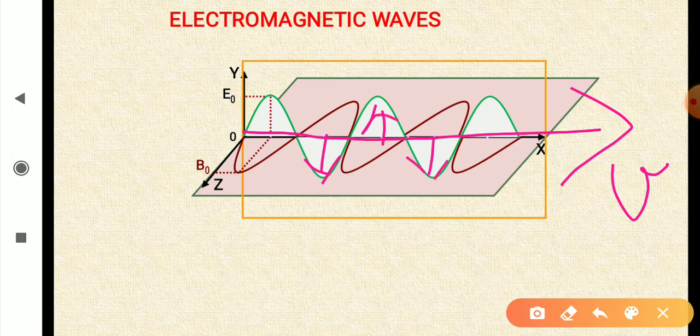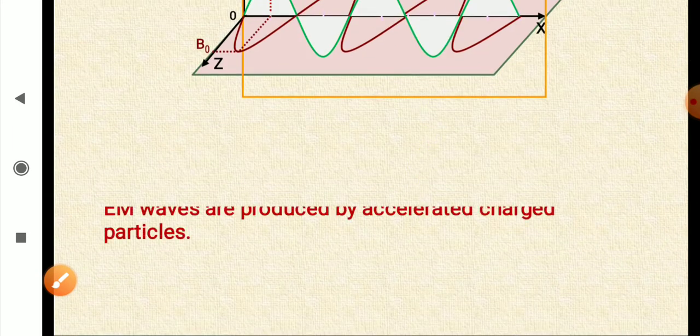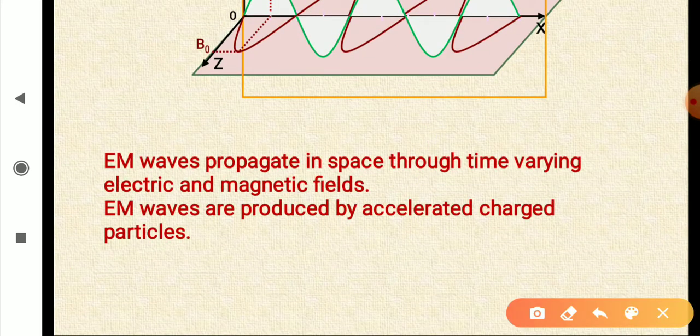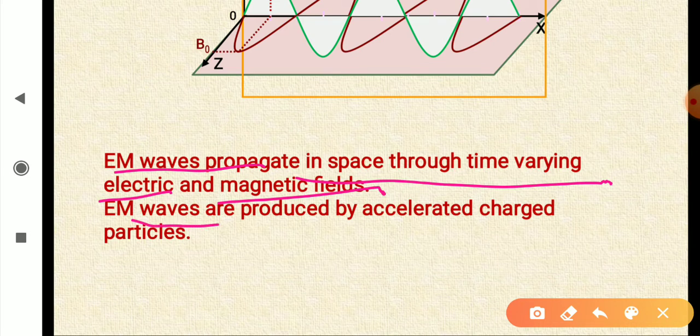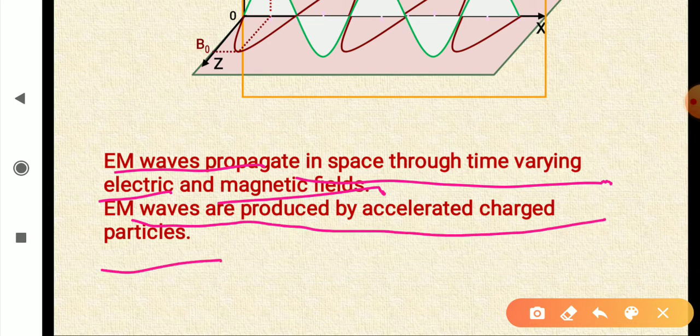They are along y-axis, and oscillations of magnetic field are also perpendicular to electric field. They are oscillating along z-axis. So EM waves propagate in space through time varying, oscillating electric and magnetic fields, and EM waves are produced by accelerated charged particles.